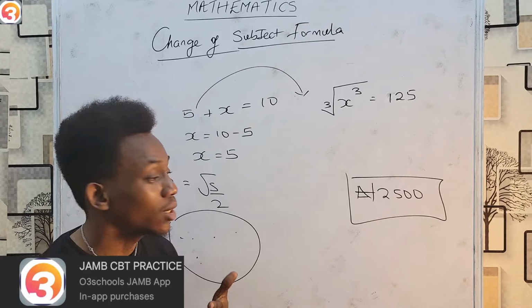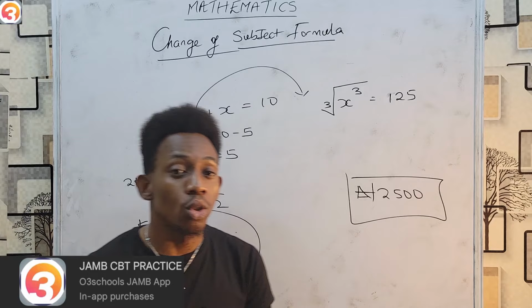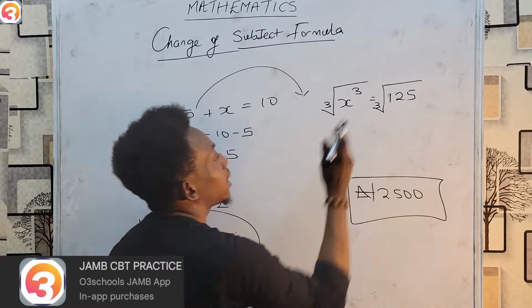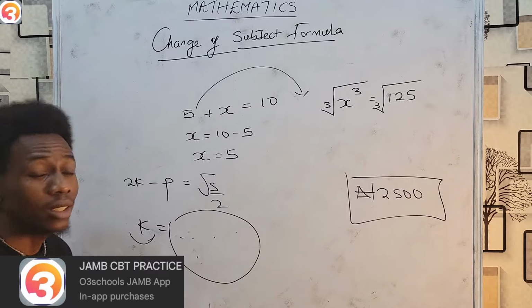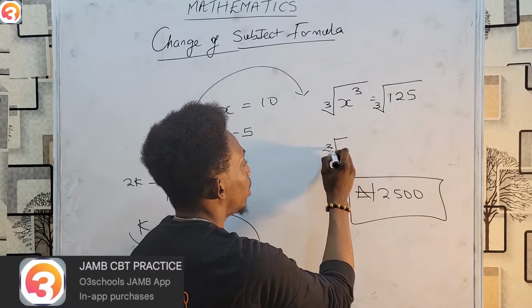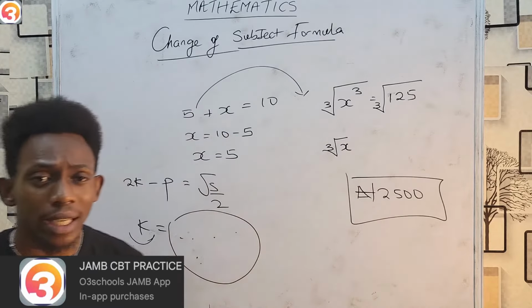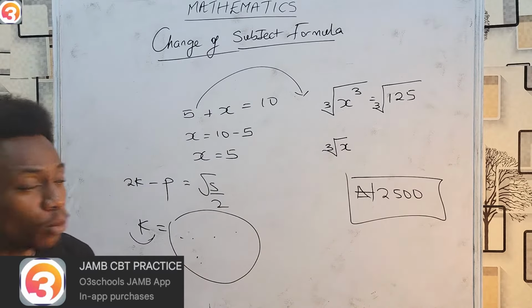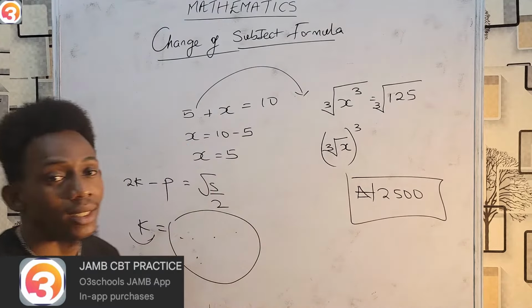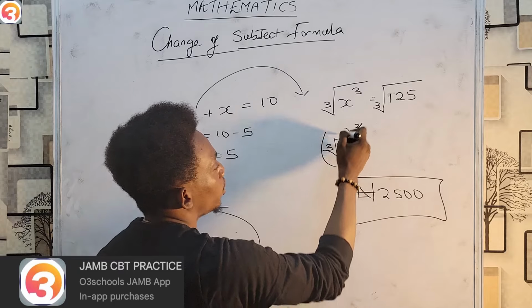So you see, to cancel a power, you have to find the root of that expression. And remember, in mathematics, anything done to the left must also be done to the right. That means I also find the cube root of that side. In the same way, if I already had cube roots attached to it, then I do the exact opposite. To get rid of cube roots, I simply cube both sides, because cube will always cancel cube roots.